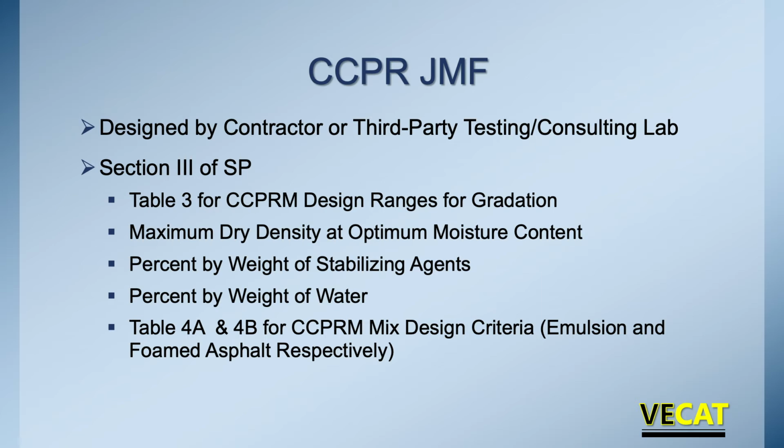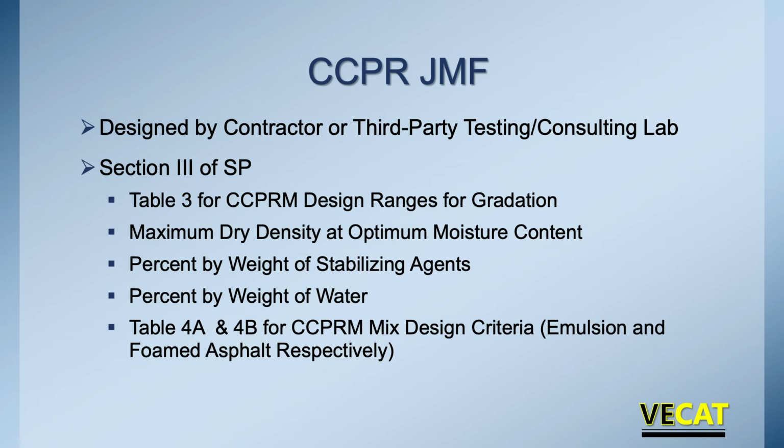So many times this could range anywhere from 2 to 3.5%, depending on what is selected. You also have to know the percentage by weight of water that needs to be in this mix. The reason that's important is because, again, we're trying to hit a maximum dry density at optimum moisture content.